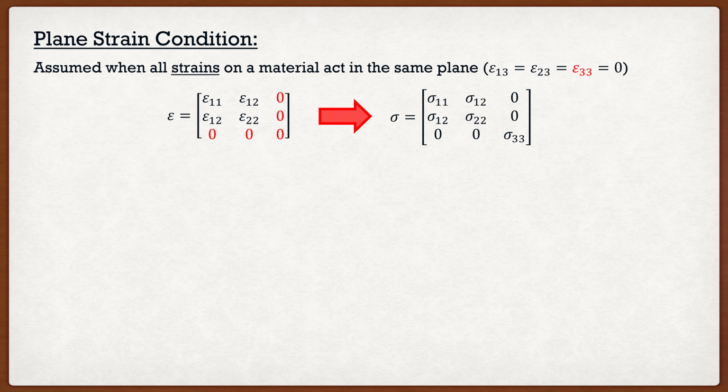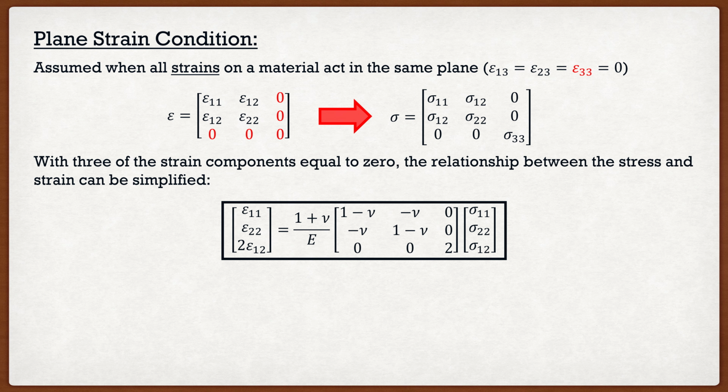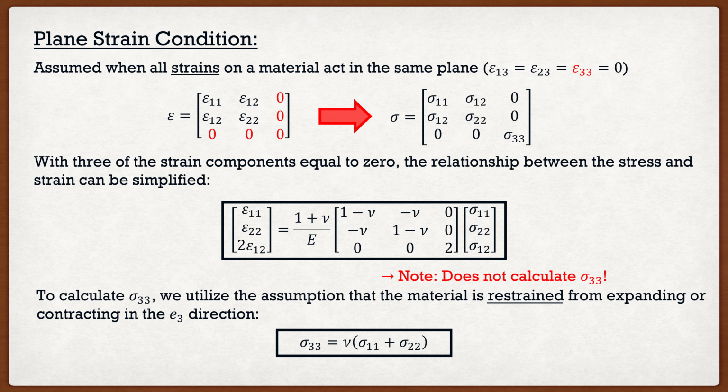Because of these simplifications to our stress and strain tensors, we have a new compliance matrix, which went from 6x6 down to 3x3, and we can see we have a nice relationship above. But remember that this new compliance matrix doesn't calculate that 4th component, in this case sigma 3,3. Therefore, for the plane strain condition, we assume that the material is restrained from expanding or contracting in the E3 direction.